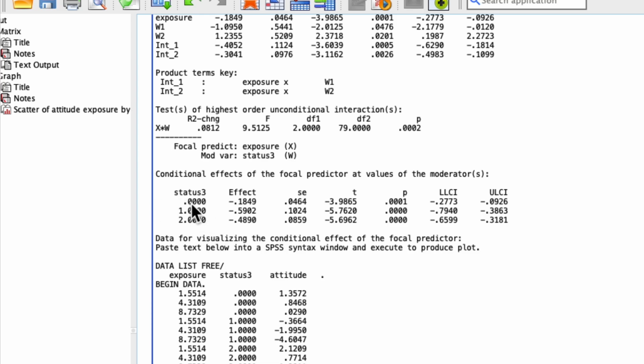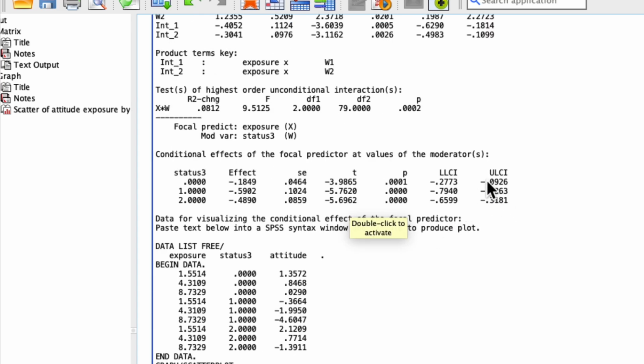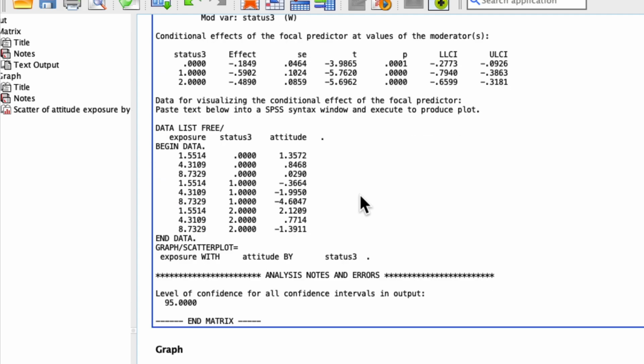This is the situation where we have non-smokers, we have the situation where we have former smokers, and we have the situation where we have smokers. And these are the effects that we find. This is also tested with a t-value, a t-test, and the lower and upper bounds. Again, we see all are significant, so all the slopes are significant at the 0.05 level.